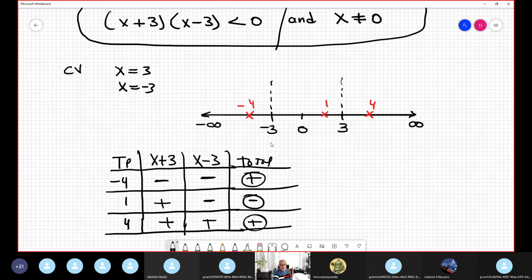So we come back again to the original inequality, which is less than 0. Look, less than 0 is equivalent to saying negative. The true guy is this. The only one is 1. The only testing point that passes the test is this, which represents the behavior in this interval, except the 0, because 0 no. At the beginning I exclude 0.